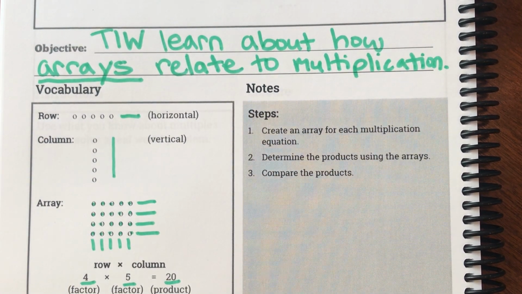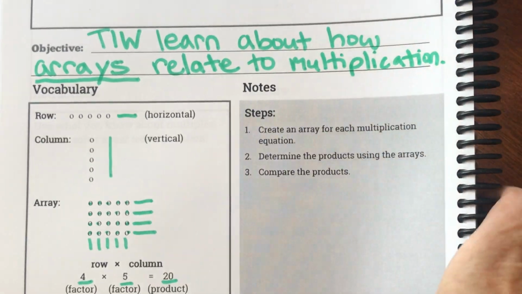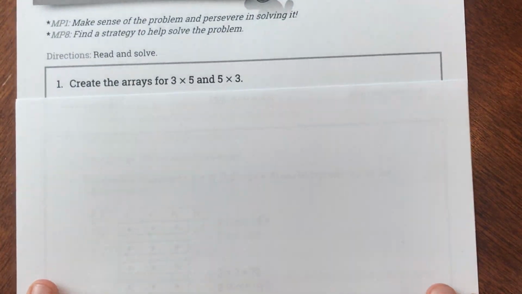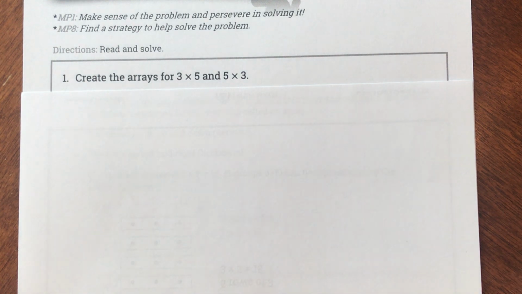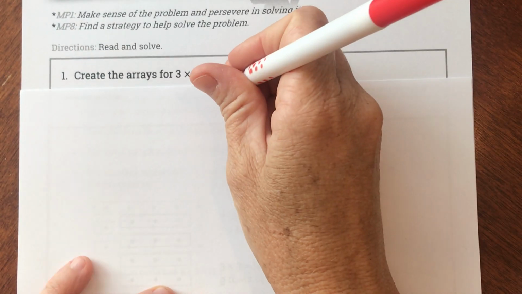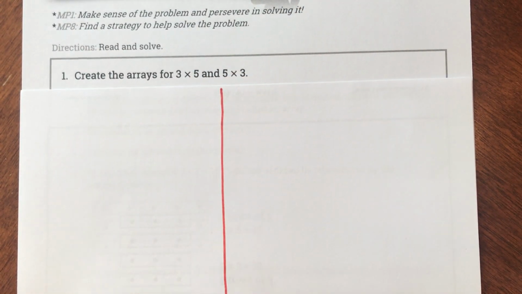Okay, so here is my first one. Okay. So my first one says create arrays for 3 times 5 and 5 times 3. Okay, so they're giving me pretty much two different expressions.